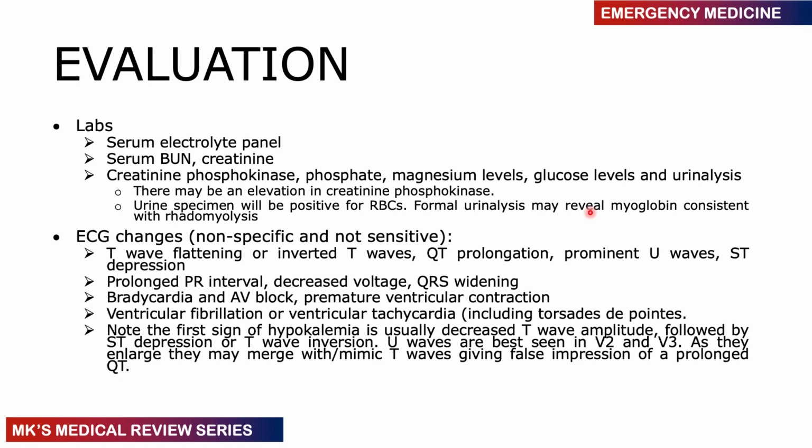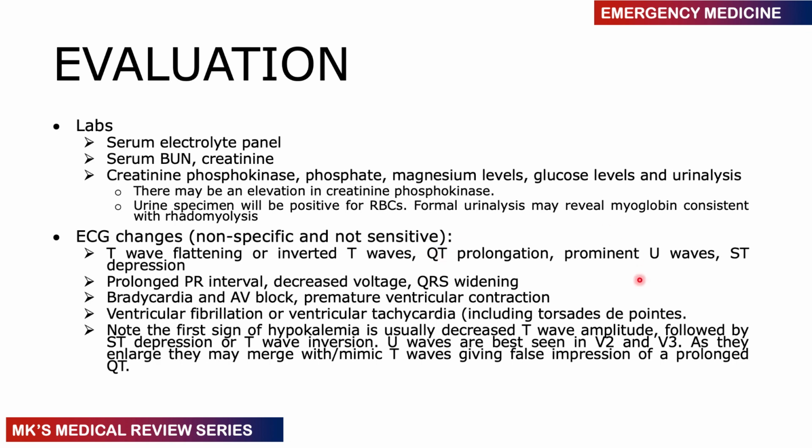You want to do an urgent ECG for these patients. Remember that the findings on the ECG are rather non-specific, and it's not really so sensitive, but you may see flattening of the T waves, which is usually one of the first signs that you're going to see. You may sometimes see inverted T waves, prolongation of the QT interval. This may be because of the U wave that is becoming so big such that it appears as if the QT interval has prolonged.